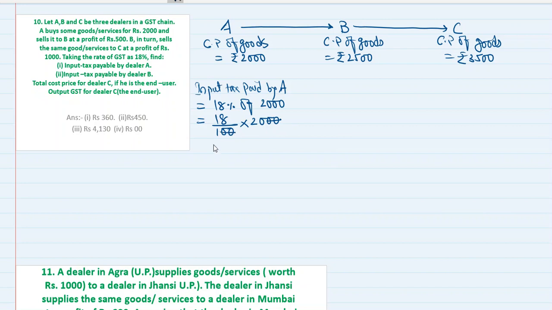So 0 will cut, and this will become 360 rupees. Input tax paid by A is equal to 360 rupees. Okay. Next, input tax payable by dealer B. Okay.